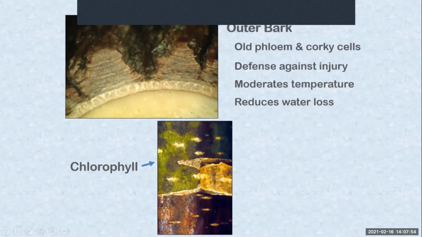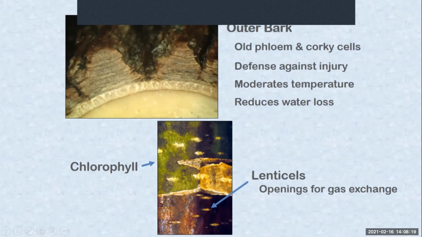Now, young bark will often contain chlorophyll. And so that means it can photosynthesize. It can actually produce its own sugars. And the way that it gets the carbon dioxide it needs to carry out the photosynthesis is that the bark will have what are called lenticels.